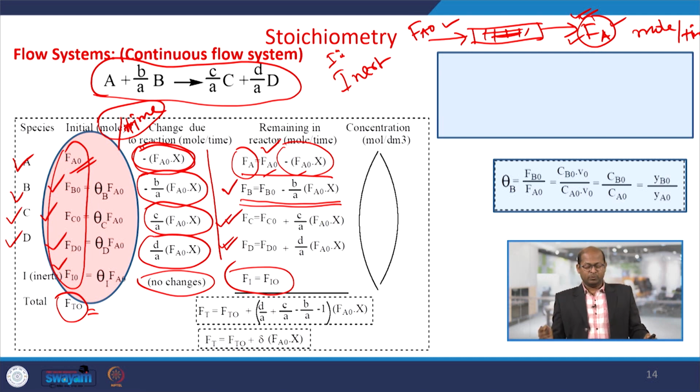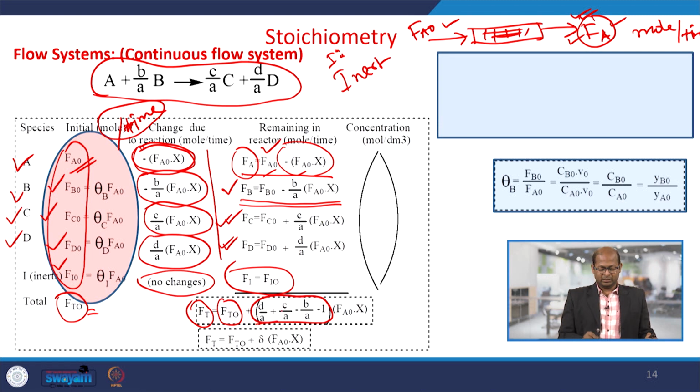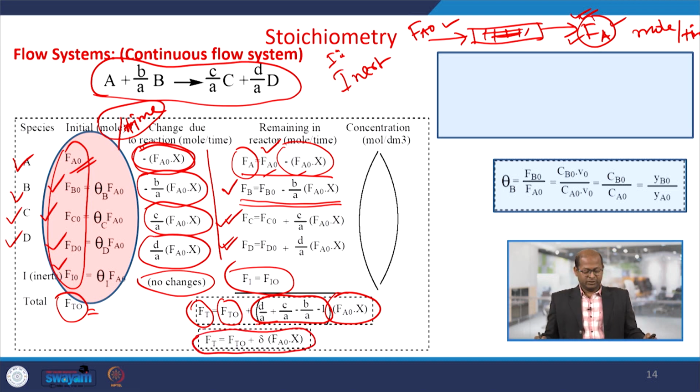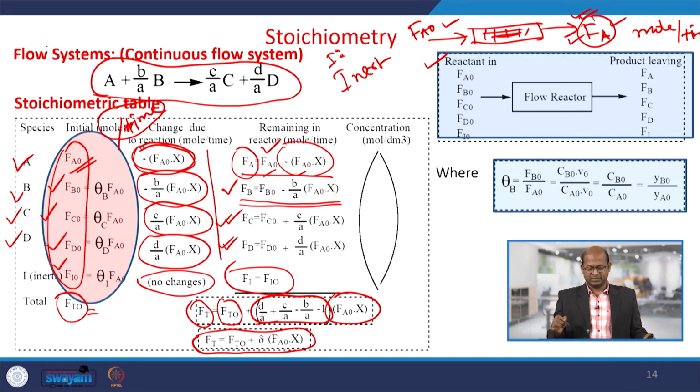The moles leaving from the exit of the reactor is F T. So F T equals F T naught plus the change in number of moles times F A naught times x. We can write this as F T equals F T naught plus delta into F A naught into x, and now this part is left.